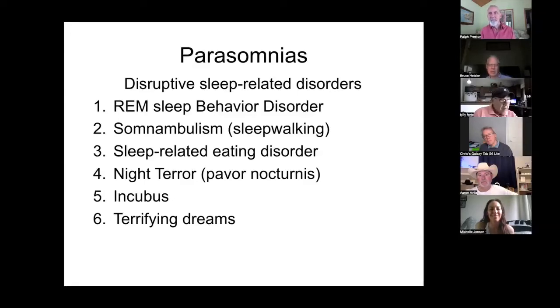Then there's sleep-related eating disorder. Well, that's pretty obvious. When you fall asleep, you eat. Then there's the night terror, or pavor nocturnus. This is most often seen in children. Young children, say around the age of 4 or 5, will all of a sudden sit up in bed and start screaming.